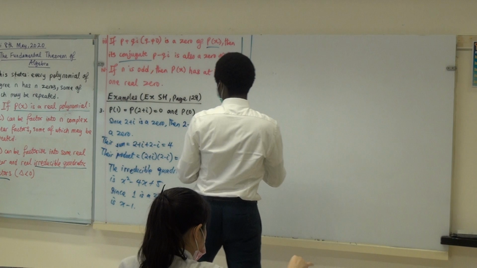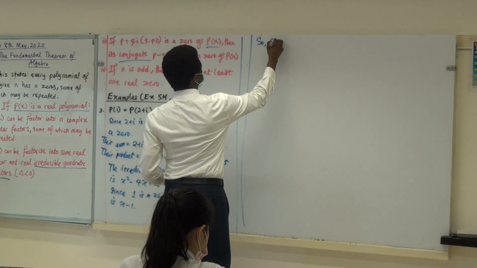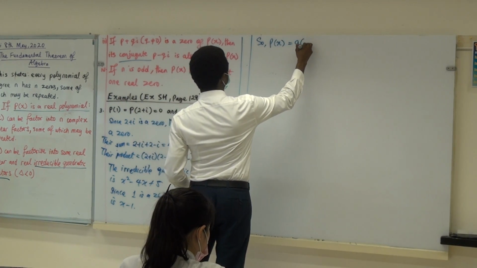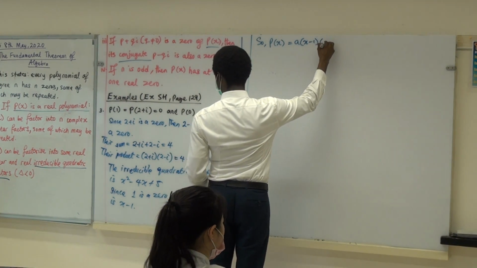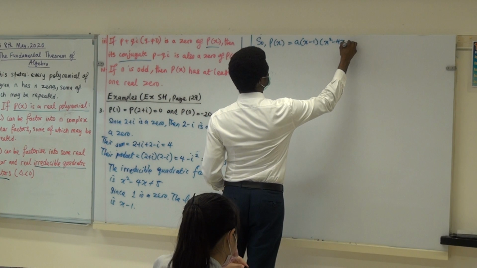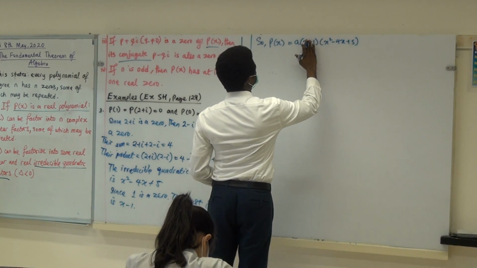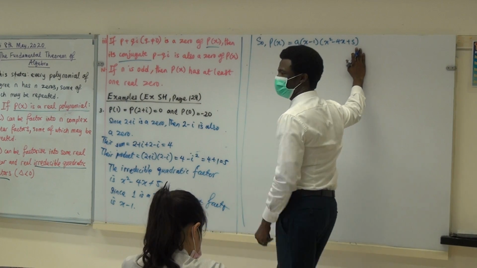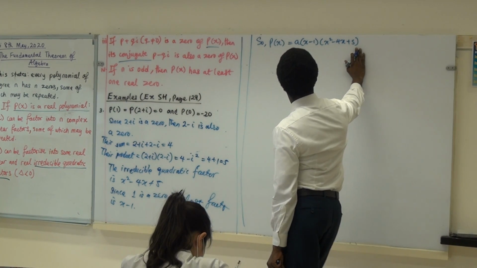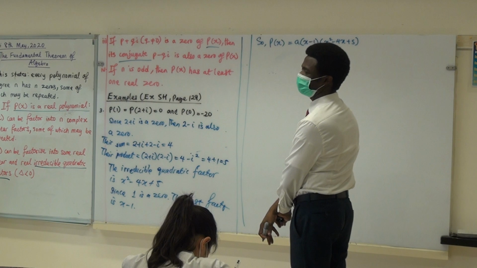Okay, so when writing, P of x is equal to a times (x minus 1), times (x squared minus 4x plus 5). Or maybe I put the quadratic first, it doesn't matter. So we expand this. Now if we expand this, I think we can actually get our A from here directly.